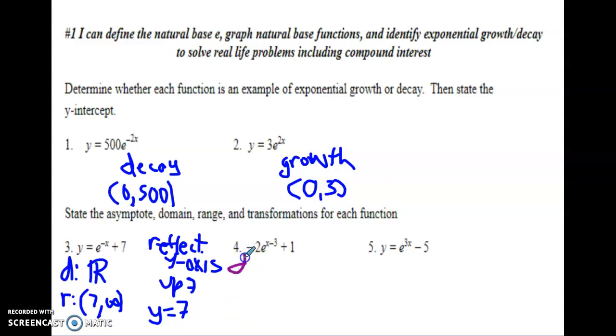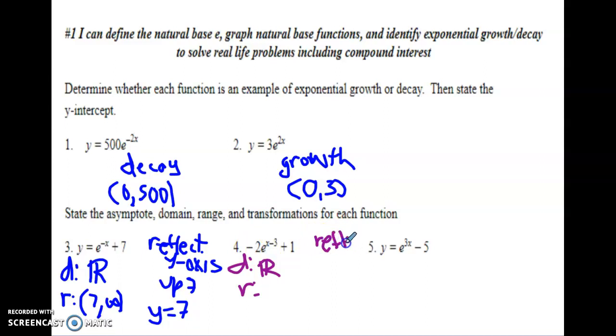I'm going to start with the domain again. The domain of this exponential function is still all reals. And for the range, I'm going to look at how this has been shifted. Okay, this one, because of that negative out in front, is being reflected across the x-axis.